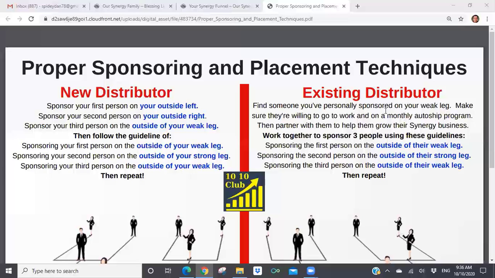So everyone that's brought in has the opportunity to see two active Synergy distributors helping them grow the outsides of their organizations so that, if they're actively building their Synergy business, they can then use proper sponsoring and placement techniques on this other side as a new distributor to know where they should place the people that they bring into Synergy Worldwide, either on their outside weak leg or outside strong leg.